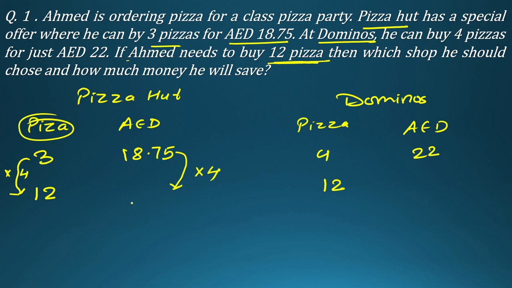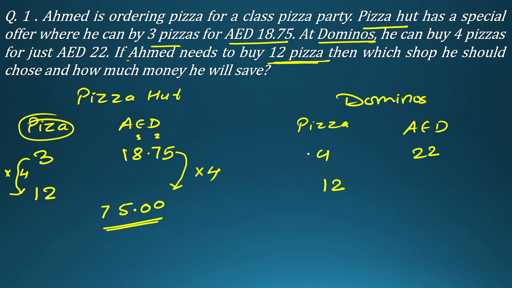Let's do it. 4 times 5, 20. 2 carry forward. 4 times 7, 28, and 2, 30. 3 carry forward. Then 4 times 8, 32, and 3, 35. 4 times 1, 4, and 3, 7. Please check the calculation. So for Pizza Hut, if you buy 12 pizzas, you will have to pay 75 dirham.